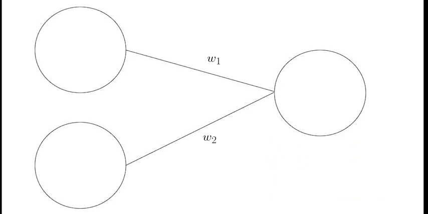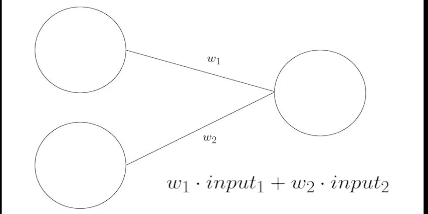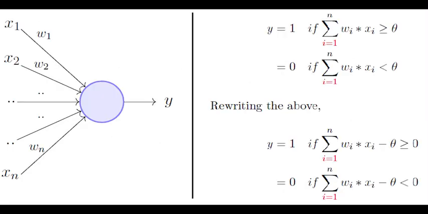The first calculation the neuron does is it finds the total sum of the weights. If the node has two inputs, there are two weights, and so it would find the total sum of each weight multiplied by its input. So input 1 times weight 1 plus input 2 times weight 2. Okay, hopefully that wasn't too confusing.